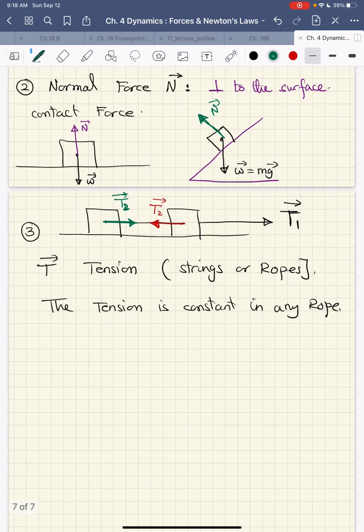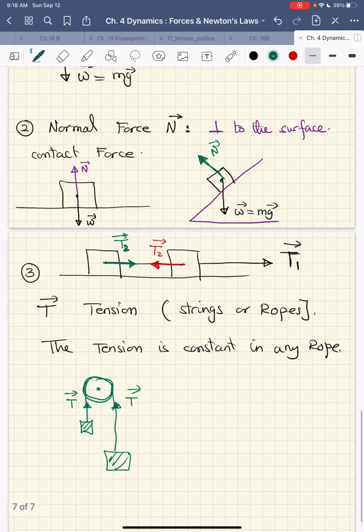Also, whenever I have a pulley, you're going to find maybe two different masses here. I will have T here, and I will have T here. We will change that maybe later when we talk about the rotation of a pulley. But for now, it's going to be the same T.